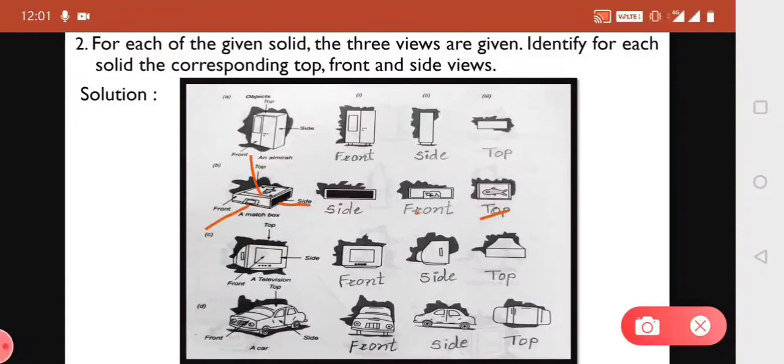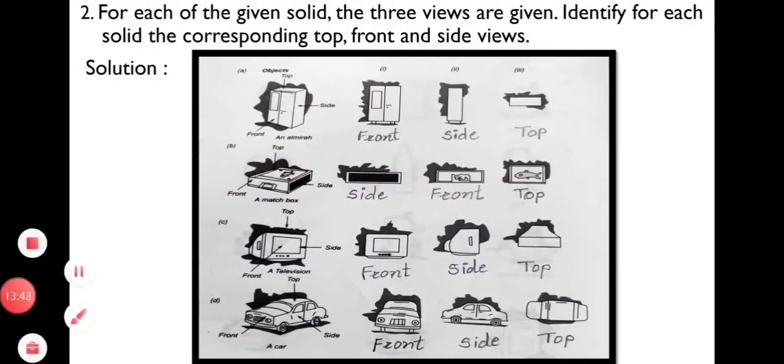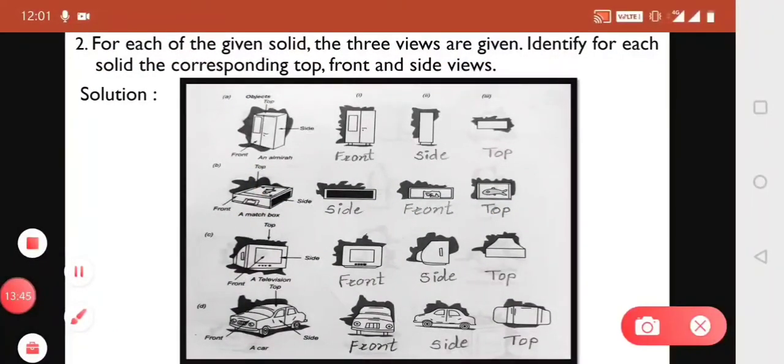Yes. Next is the TV. You can say television. You can see that this is the front part, the screen is given as the front part, so we have written front below the screen part. Then we have side.